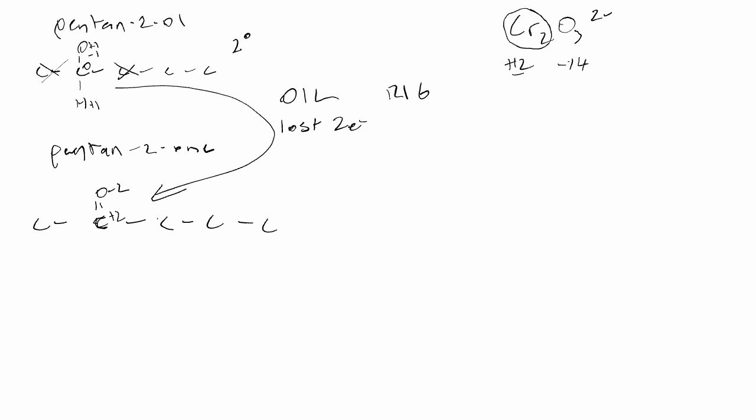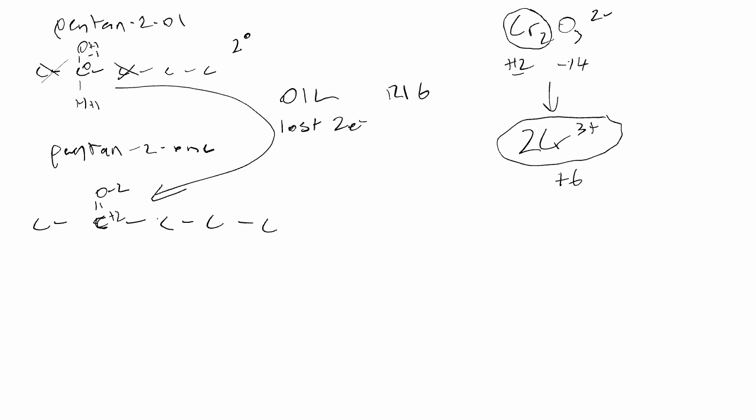Now, that gets reduced down to Cr3+. Then we're going to have 2 of them to account for those. So Cr2 gives us 2 Cr3+. So overall, this 2Cr now has a +6 oxidation state because we have 2 Crs, each with a 3+.